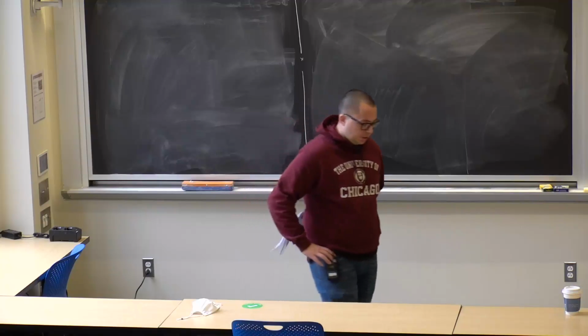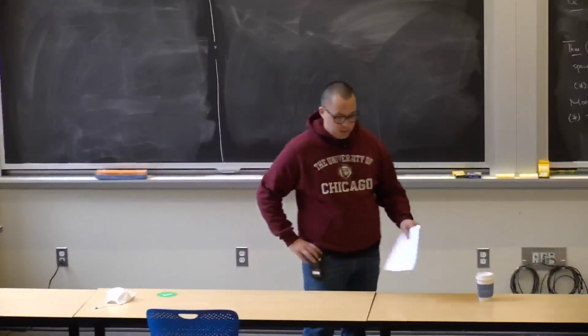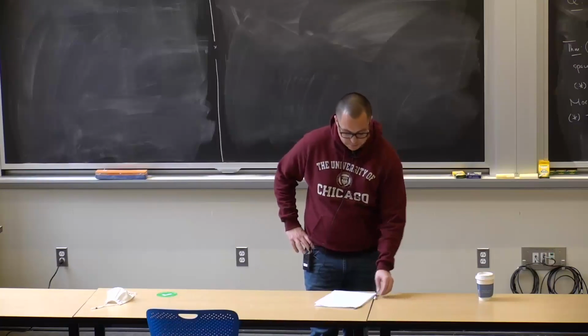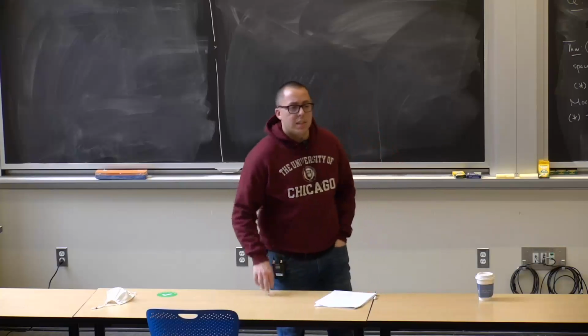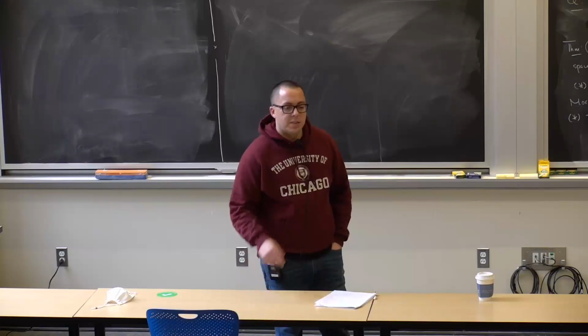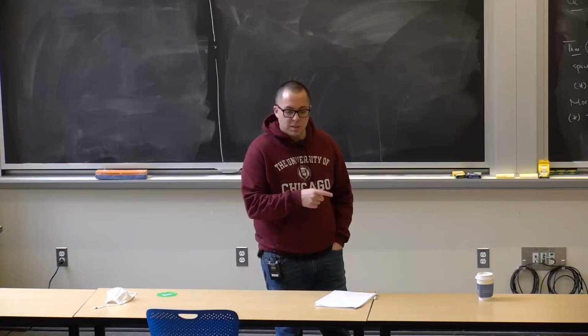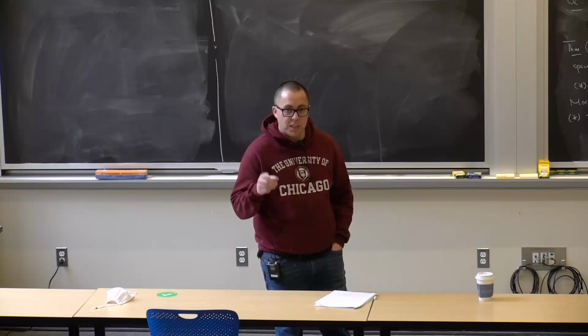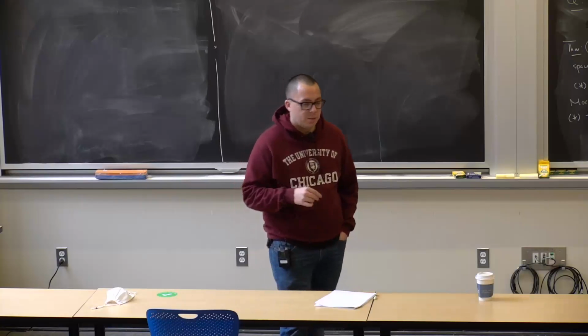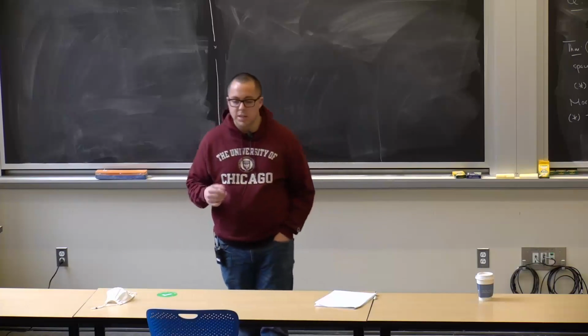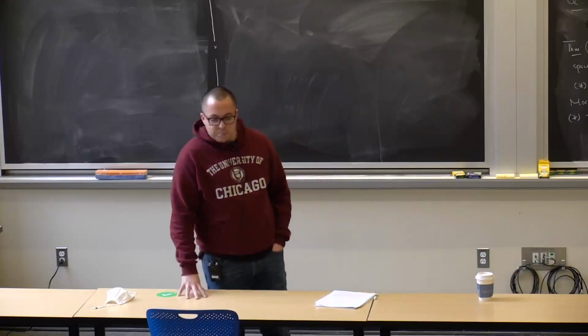So what you proved in the assignment is that the continuous functions are dense in big LP for p from 1 to infinity, strictly less than infinity. Okay, they're not dense in L infinity. So as long as you stay away from that, they're dense.